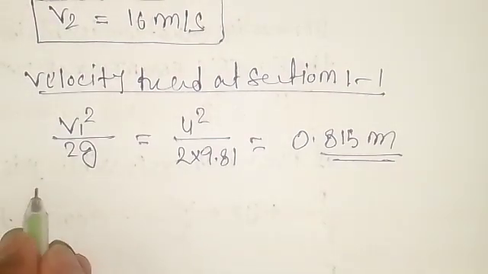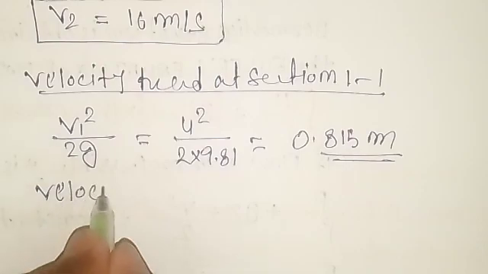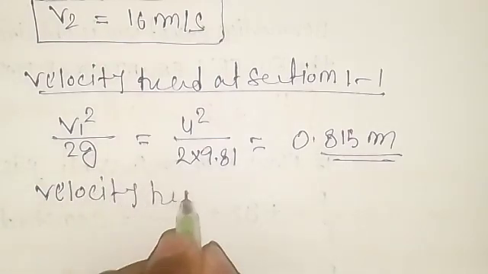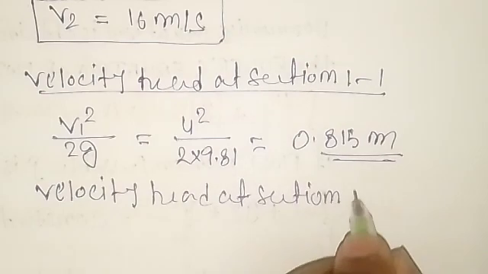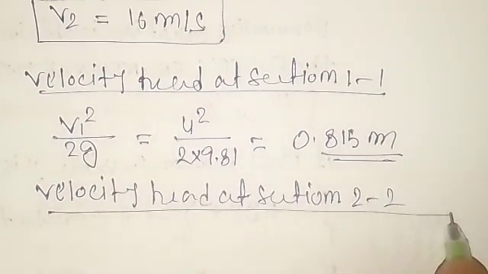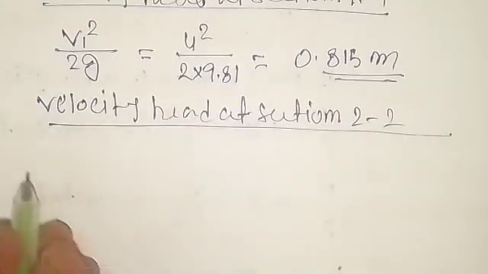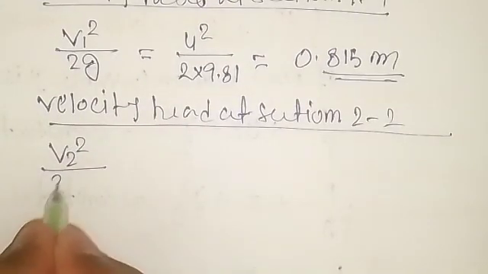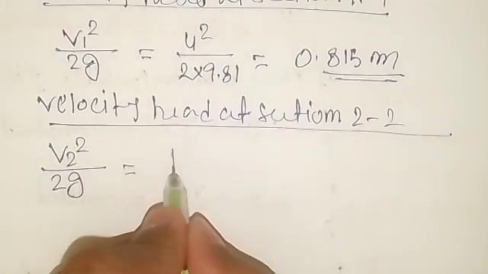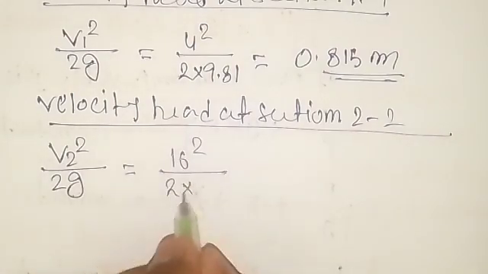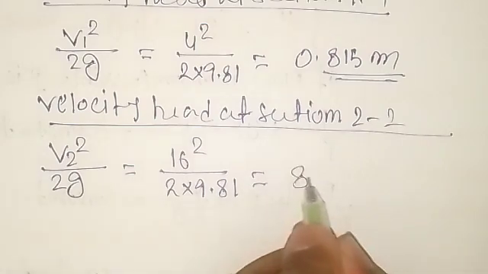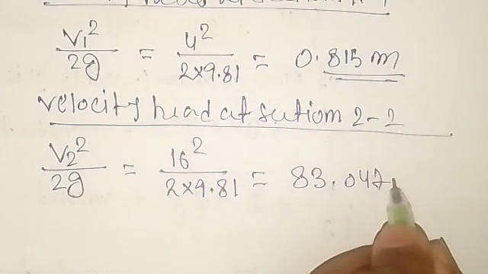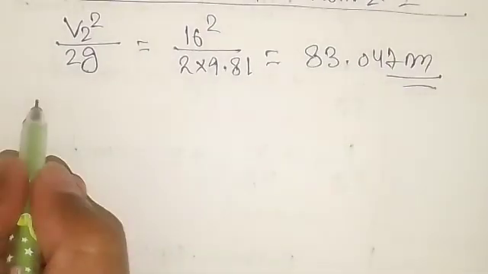Second, you can find out the velocity head at section 2 also, which is v2 squared by 2g. So this is 16 squared by 2 into 9.81, which is 83.047 meter.